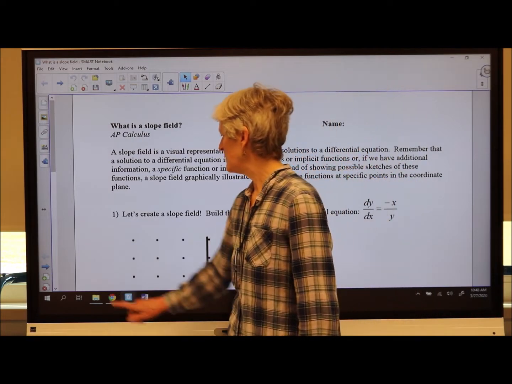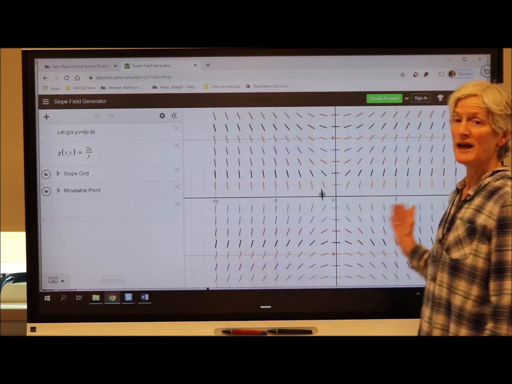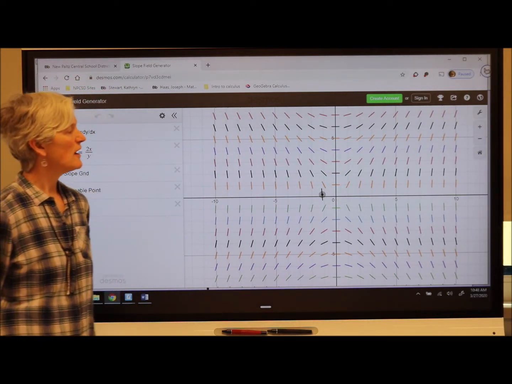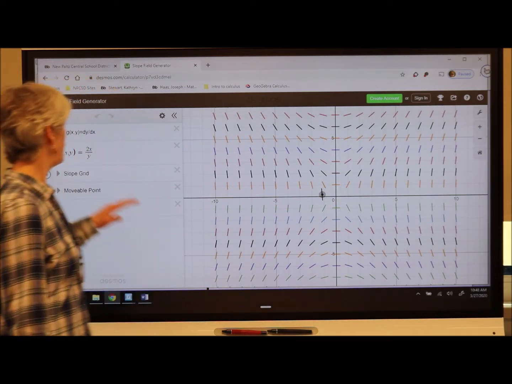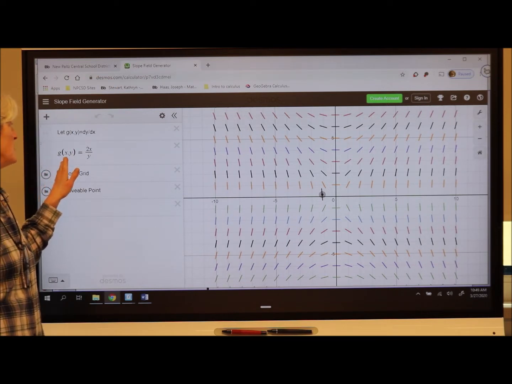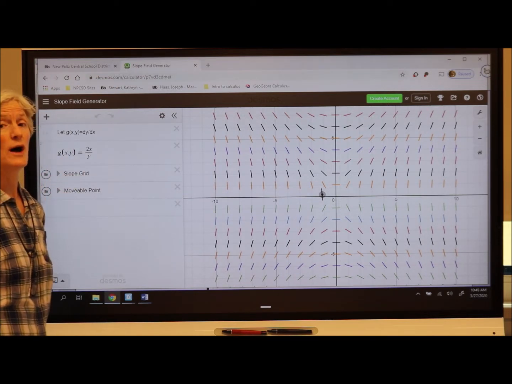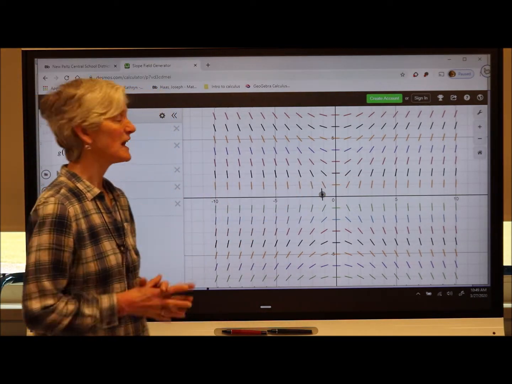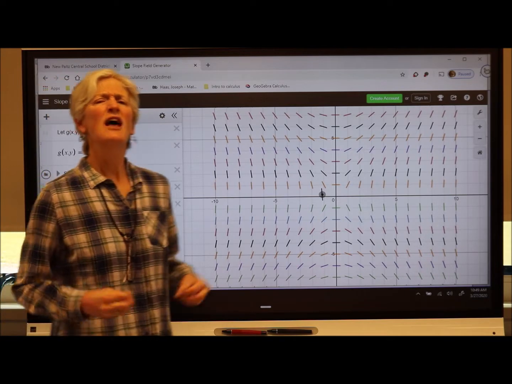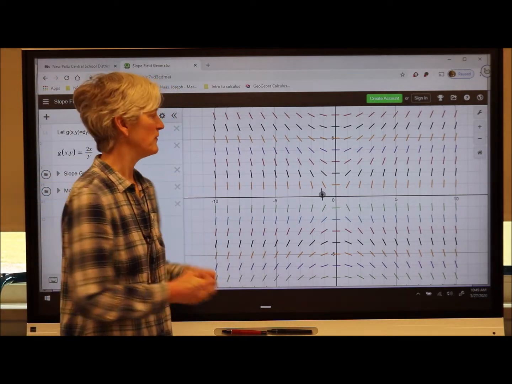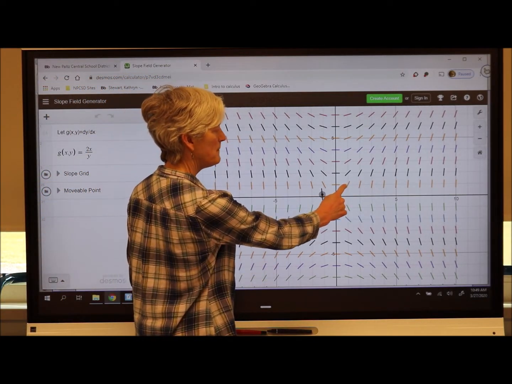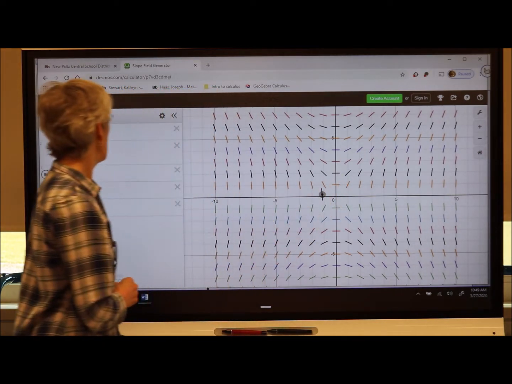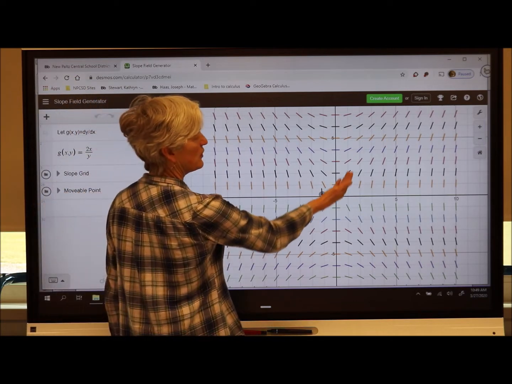Fascinating. Well, let's look at some examples. This kooky looking thing is a slope field that shows the solution to the differential equation dy/dx equals 2x divided by y. In other words, each little line segment tells us the slope of the function. For example, at the point (1, 1), that little line represents the slope, which looks like a slope of 2 maybe.